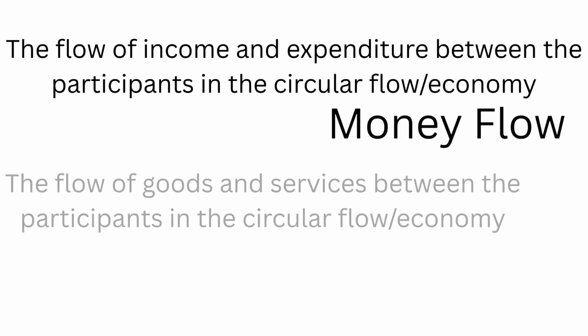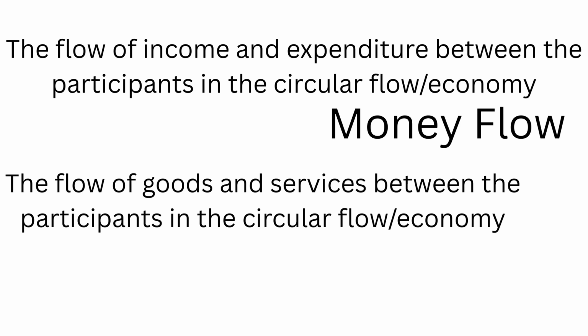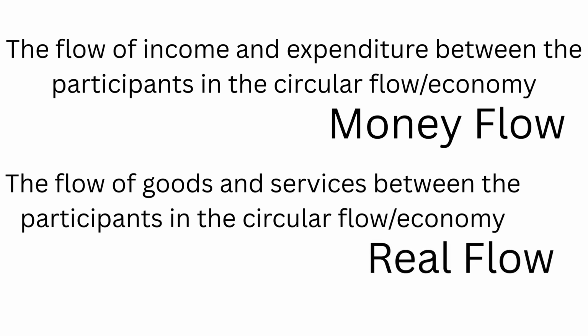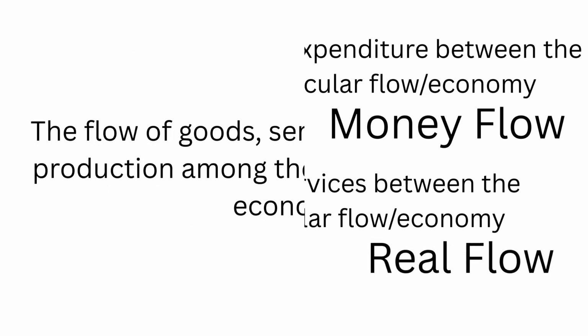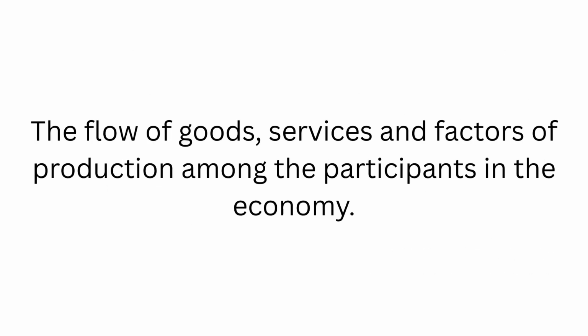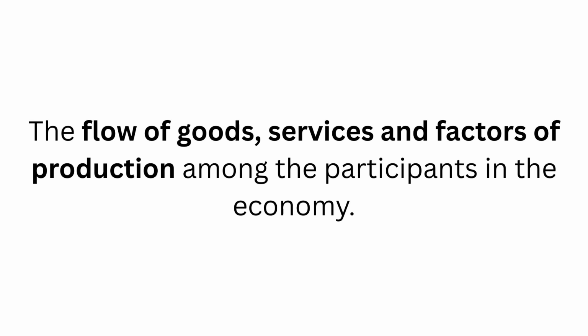Then, the flow of goods and services between the participants in the circular flow or economy, we say that this is the real flow. But our statement says the flow of goods, services, and factors of production among the participants in the economy. So it's the flow of goods, services, and factors of production, meaning it's the real flow.